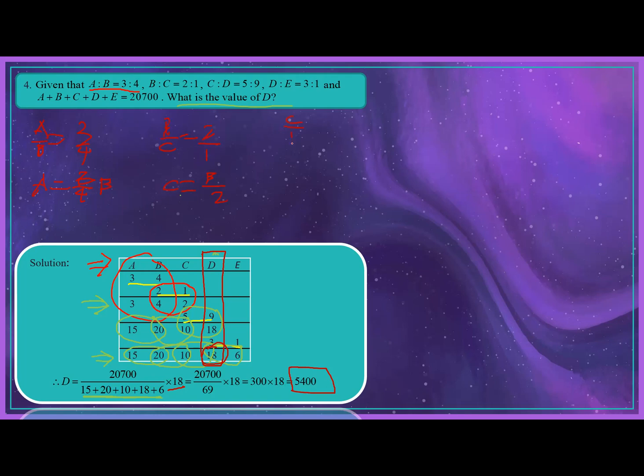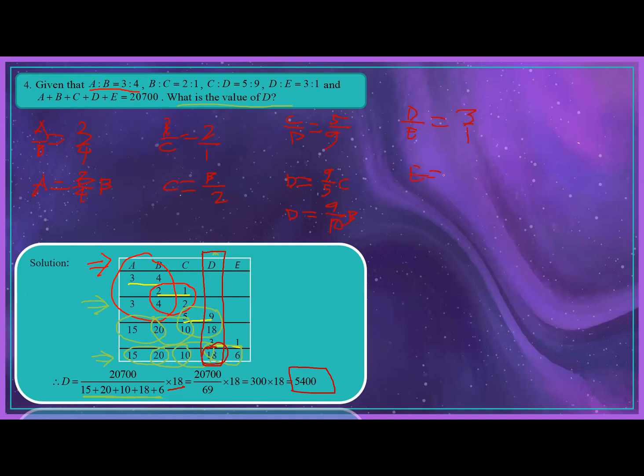And for C is to D, you have 5 is to 9. You have D equals 9/5 C. But C is B over 2. So you have 9 over 10 B, okay? And for D is to E, you have 3 is to 1.